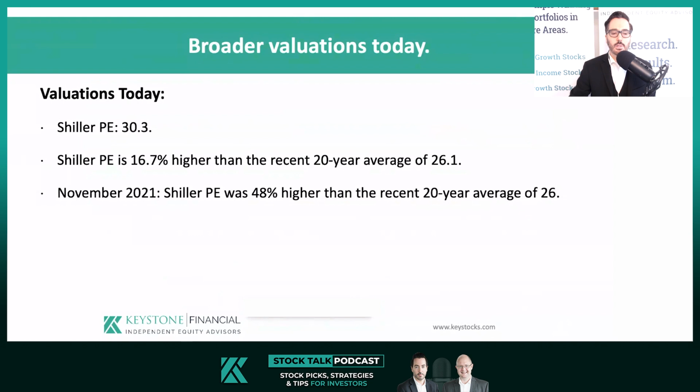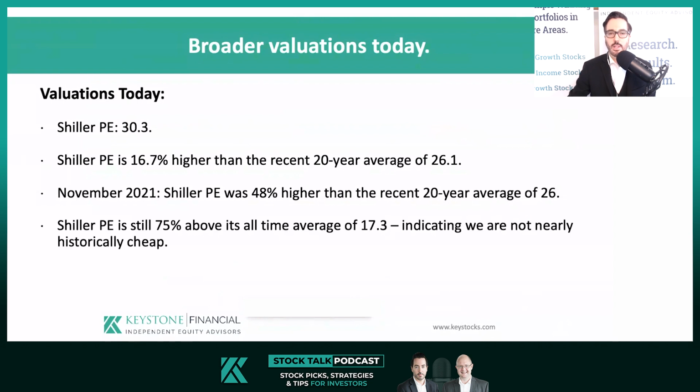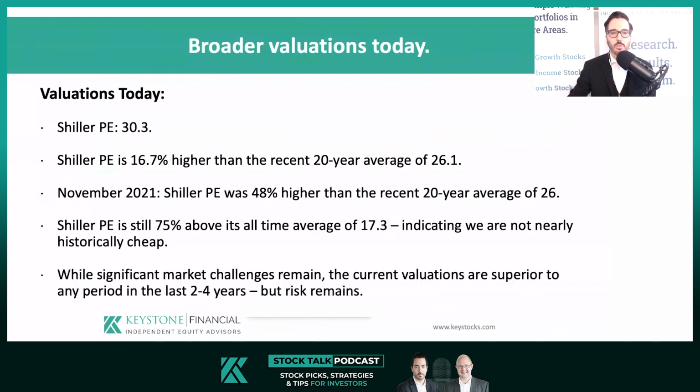Now, I would say, however, it is very instructive to point out that the Shiller PE is still 75% above its all-time low of 17.3, indicating we are not nearly historically cheap in the markets. I would say current valuations broadly are superior to any period in the last 2 to 4 years outside of the pandemic flash crash, but risk remains elevated.